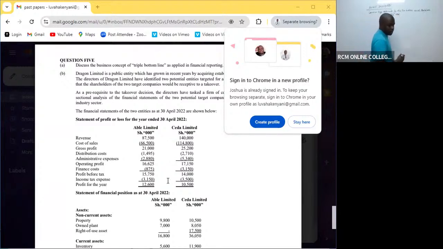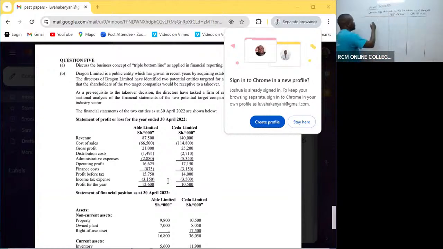And of course, in this case, we have SEDA Limited. Our amounts in this case are in shillings of thousands.